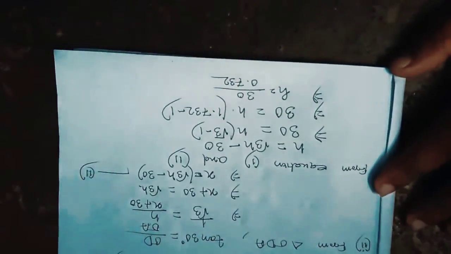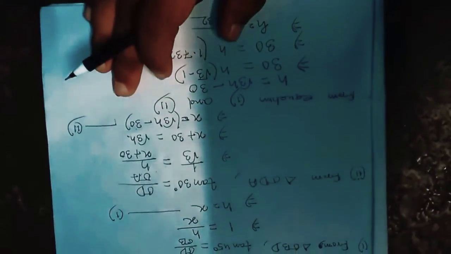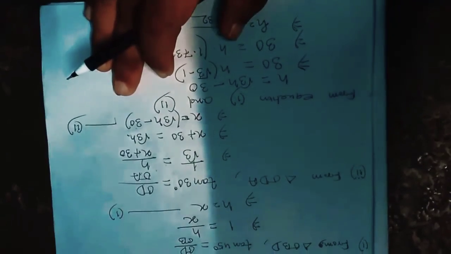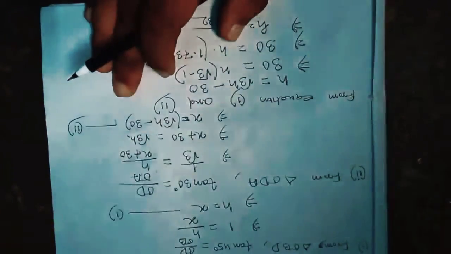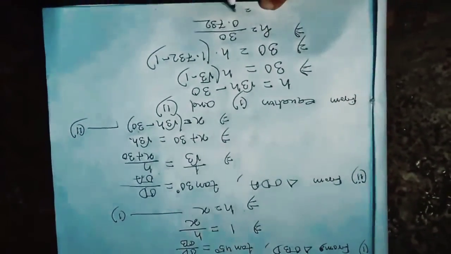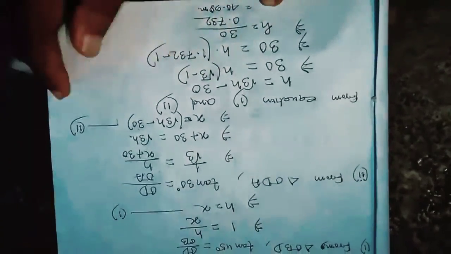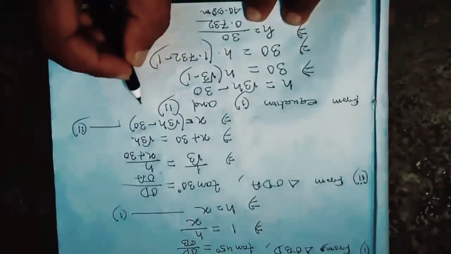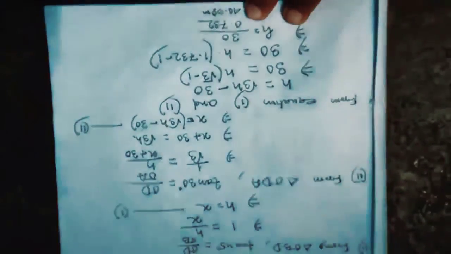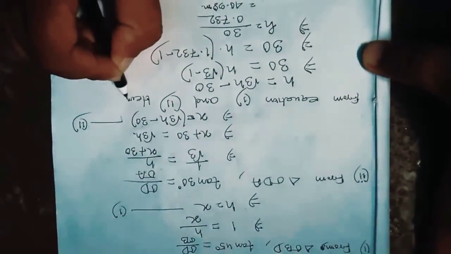If we do the calculation, we get 40.98 up to 2 places of decimal. This is equal to 40.98 meter.